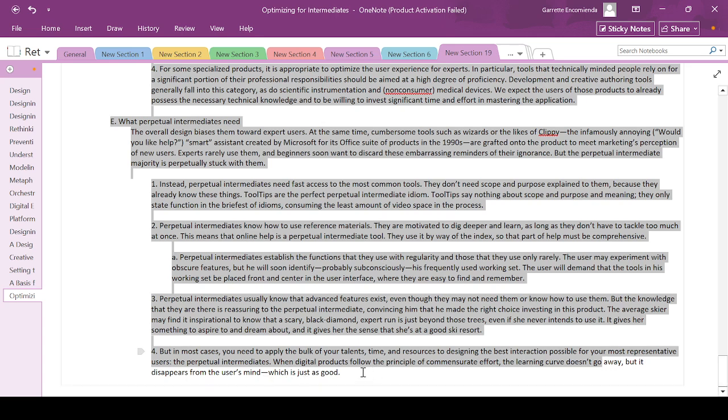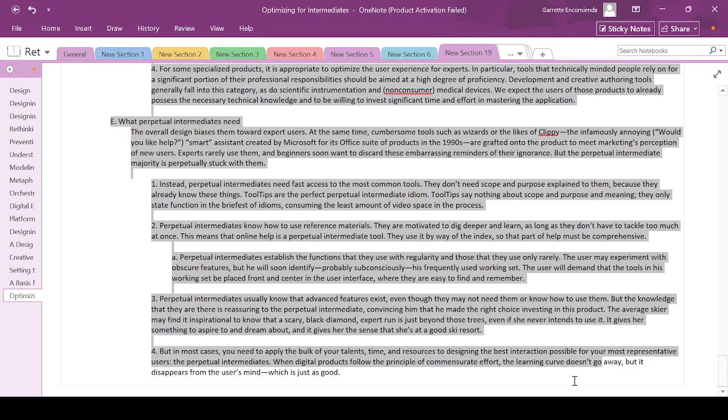When digital products follow the principle of commensurate effort, the learning curve doesn't go away, but it disappears from the user's mind, which is just as good. So if you follow this commensurate effort, the learning curve doesn't go away for intermediates.